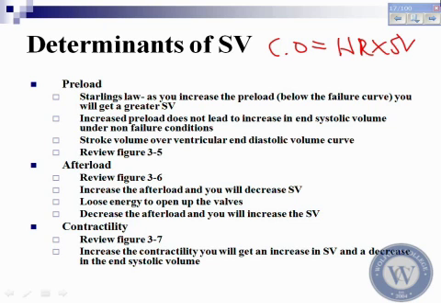I'm going to expect you to know that based on just one change. When I tell you in a test question that all other factors remain unchanged, meaning don't change the contractility or the afterload, what happens under normal conditions if preload increases? The answer should be an increase in stroke volume.